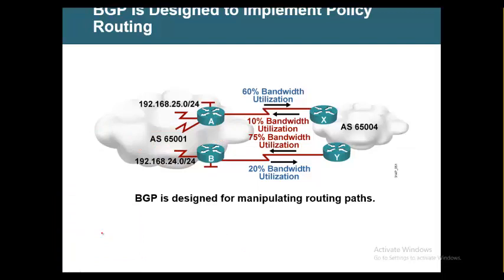Both are same. In Cisco IOS router, we will call it route map. In IOS XR, we call it route policy language, RPL. Both are same. RPL is a little bit easier than route map.